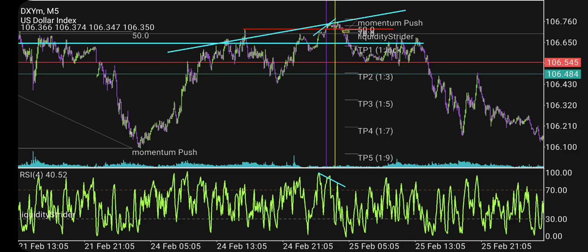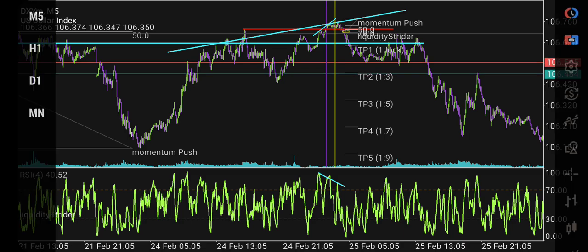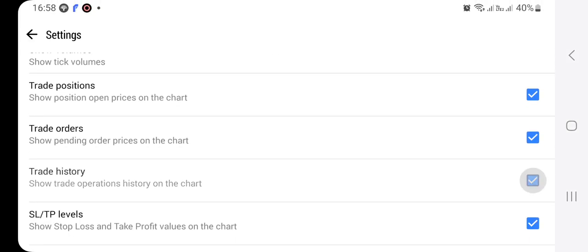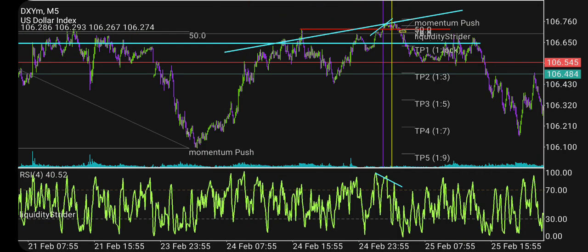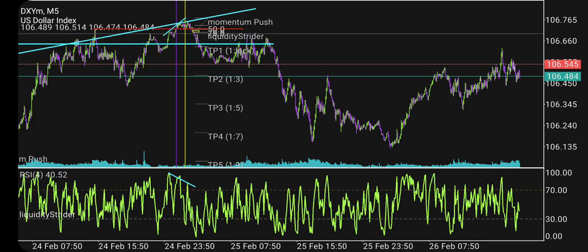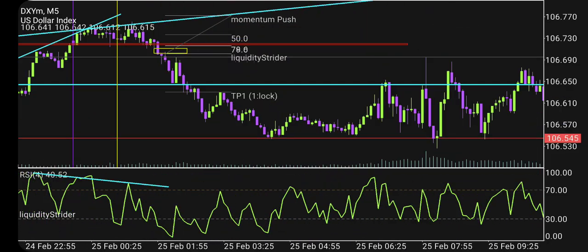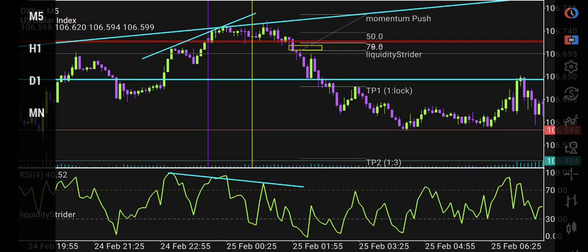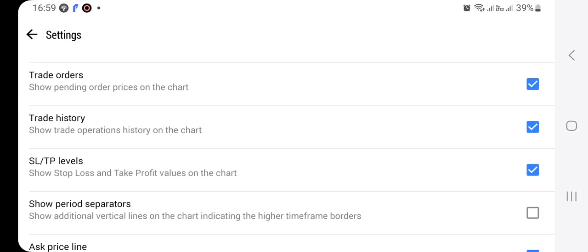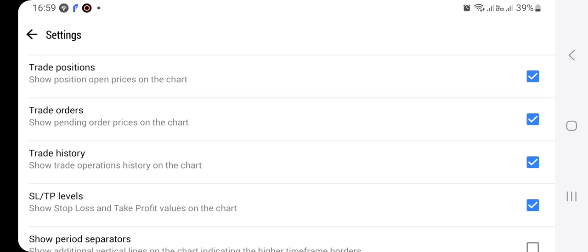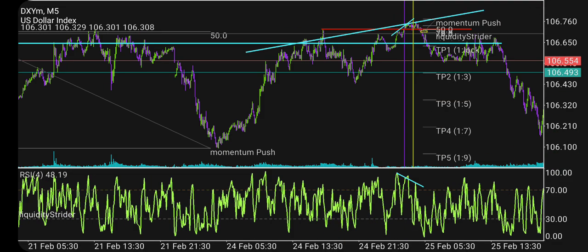So, yeah, this is what I was supposed to do. Let me just switch on my trade history and see the mess that I made. Guys, where are the arrows? Did it switch on? Show trade history. Yeah, it is on.